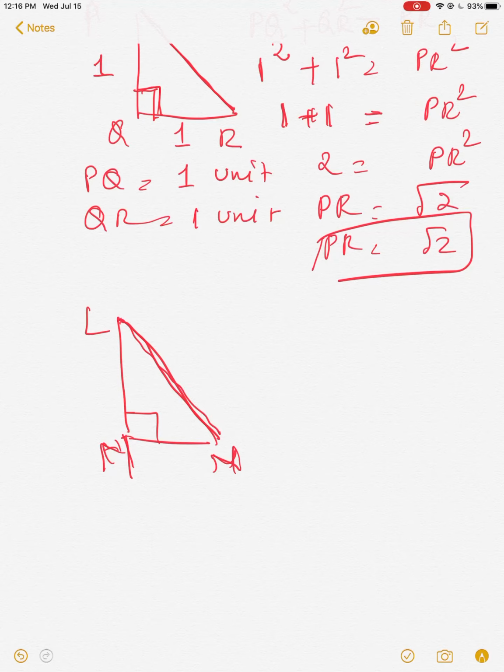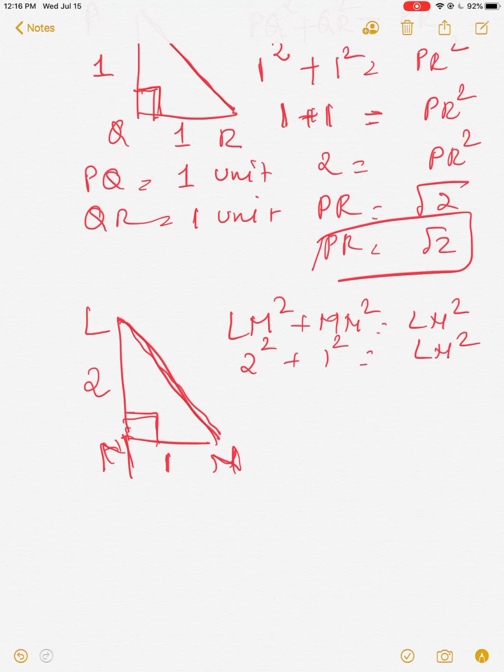Now if you apply the Pythagoras theorem here, again and again I am repeating, the squares of the sides containing the right angle, LM square plus MN square should be equal to LN square. Now let us take this as 2 and this as 1. So 2 square plus 1 square is equal to LN square.